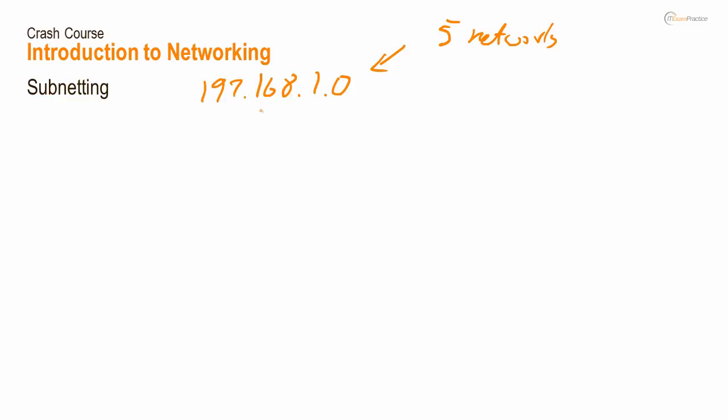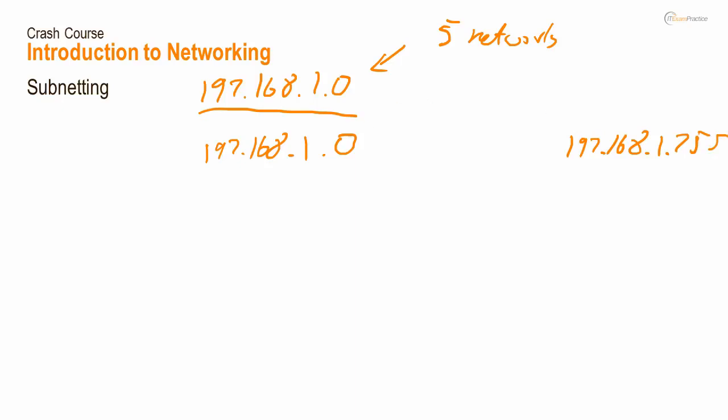It means that we do not really need 254 IP addresses, because that's what we have available over here, with this IP address and the default subnet mask. 192.168.1.0, the last IP address is 192.168.1.255. We are not allowed to use the first or the last IP addresses.